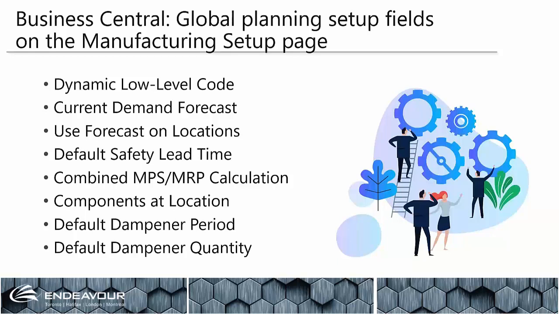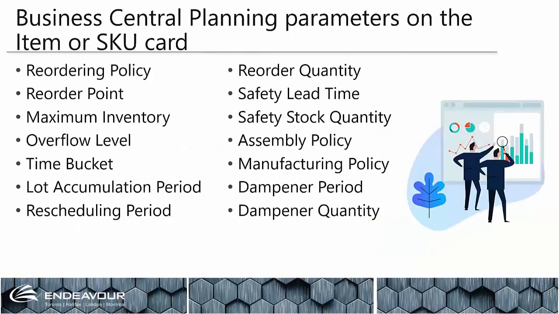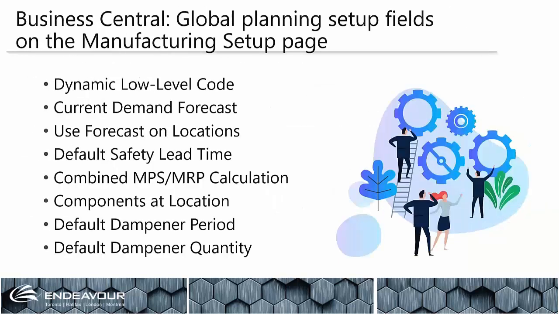Another field is the default safety lead time. In Business Central, there is a priority concept where you could have a global setup and you could have a local setup. So this is a good example of a field that you would see on the manufacturing setup page, the global setup, or the local setup page, which is the item card.